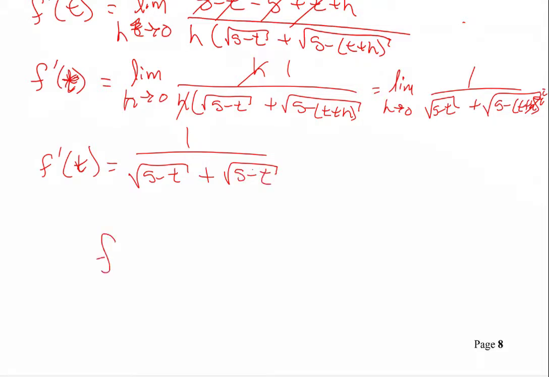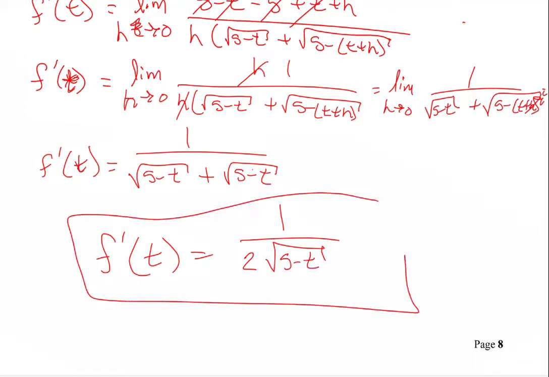So my derivative is 1 over 2 square roots of 5 minus t. Boy, tongue twister.